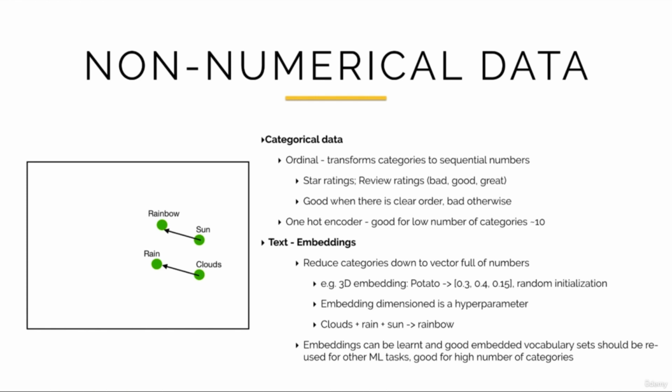And so embeddings are extremely useful because they allow you to take a large number of words or a large number of categories and reduce them down to a much lower set of dimensions. So for example, if we do 3D embeddings, we can take a ton of words and reduce those down to 3 different numerical values.